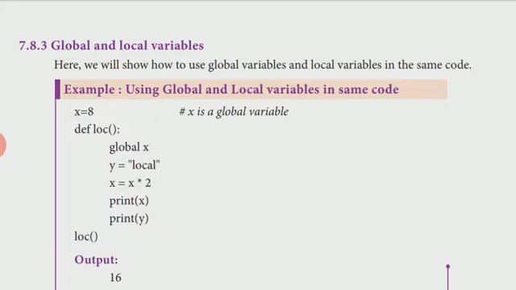Def local is a function. Global x is a variable we are using inside the function. Y equal to local, x equal to x into 2.